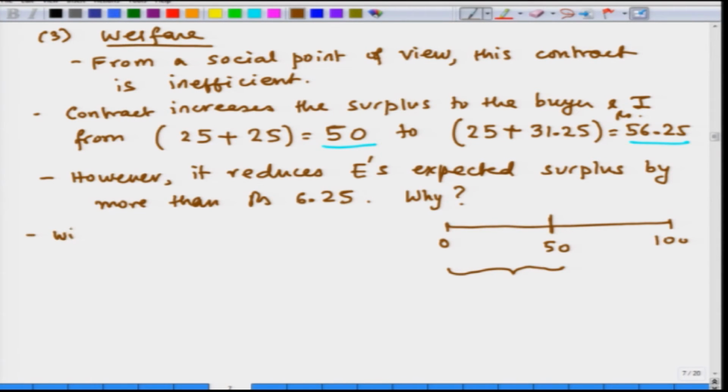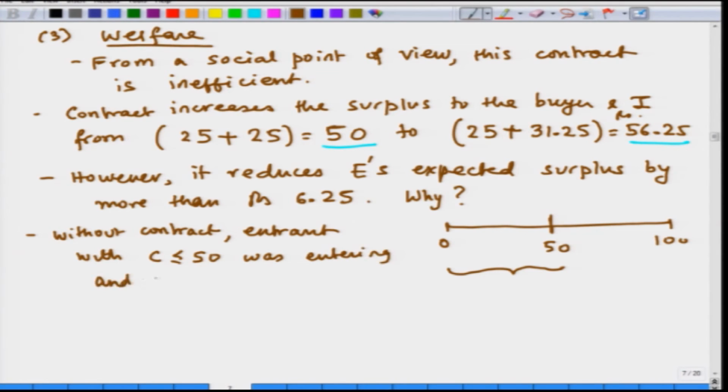So, without the contract, an entrant with a marginal cost less than or equal to 50 was entering and charging rupees 50, right.